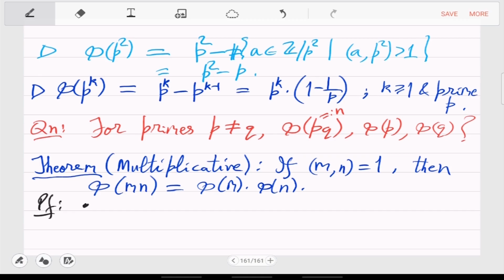So what we will do is we will study 3 sets, by the definition of phi.